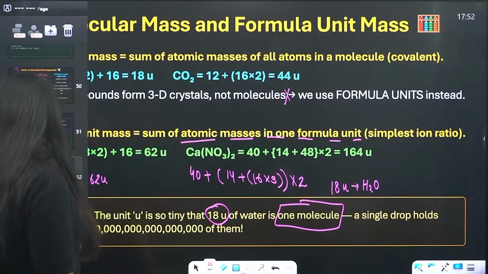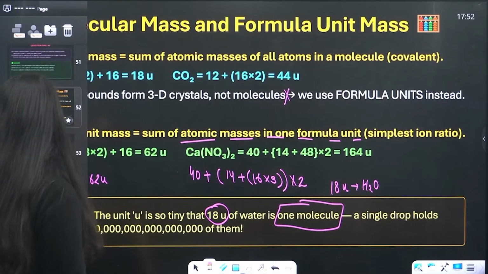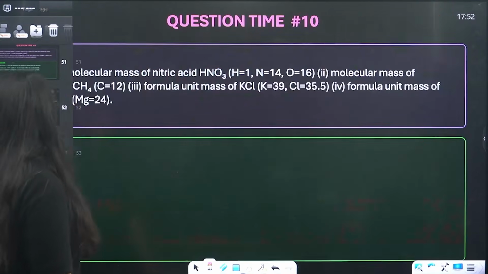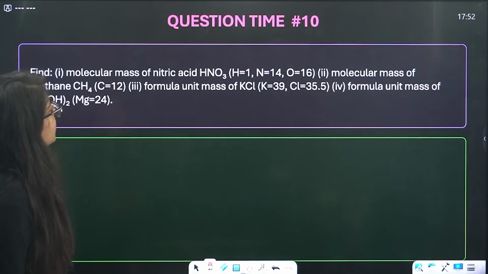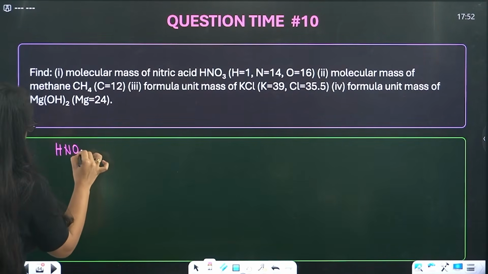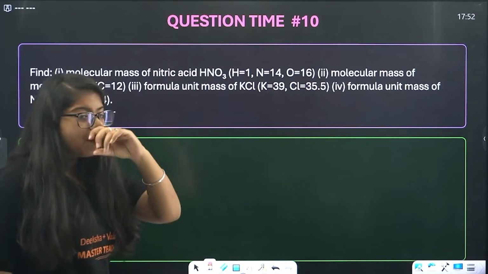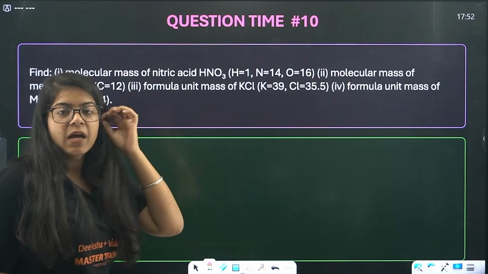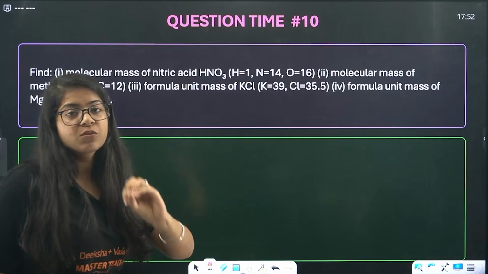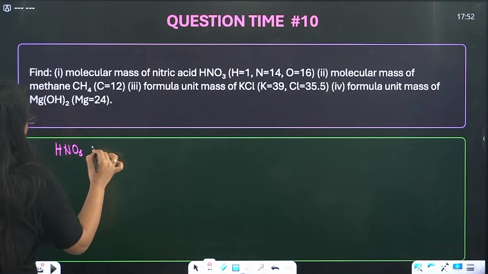Okay. Let's see a question on this particular thing. Find the molecular mass of nitric acid, HNO3. So now they have given you the mass. Don't worry, they'll probably give it, but I will tell you which are the important molecules whose mass you should remember, just for safety. Now what will I see?